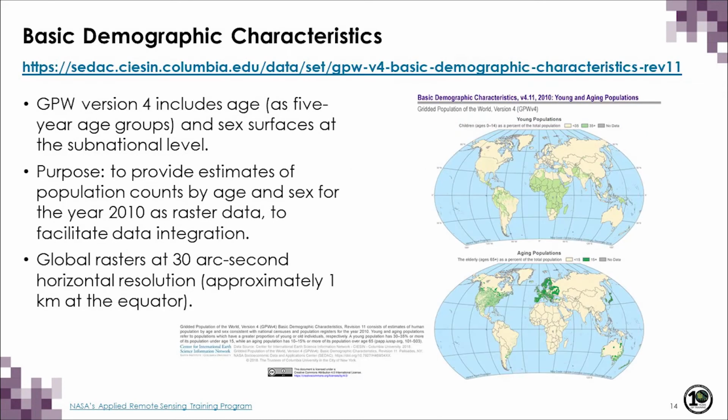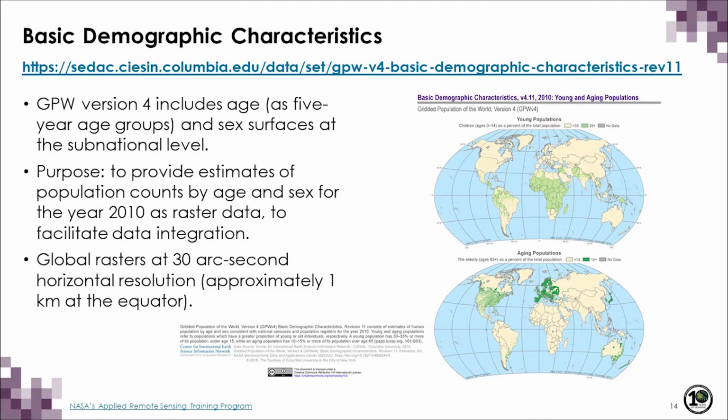Turning now to vulnerability, we talk about the basic demographic characteristic dataset, and GPW version 4 includes this data for the first time as age at 5-year age groups and sex surfaces at the subnational level.